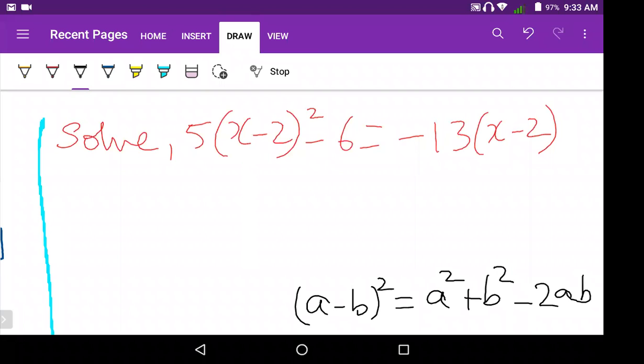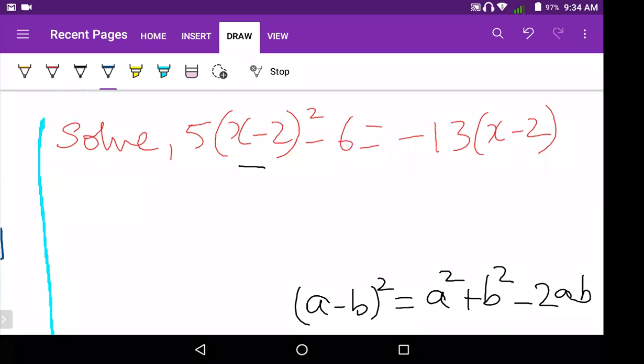So we are going to apply this formula for this expression, that is x minus 2 whole square. Yeah, correct. a square plus b square minus 2ab. It is not minus b square. Okay. Yeah, it's okay. No problem. So let us solve this.